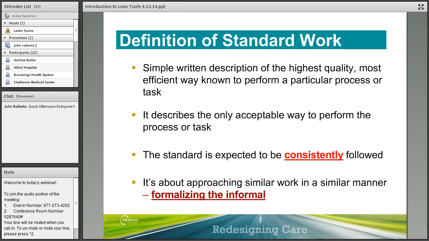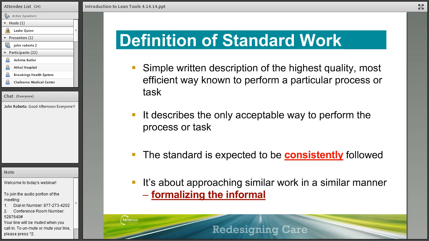What we find when we do lean work in organizations is that a particular process or task is not done the same way every time. It varies person to person, may vary from day shift to night shift or during the week versus weekend, so it's almost impossible for us to come up with good solutions to solve that problem because there's so much variation in the process.